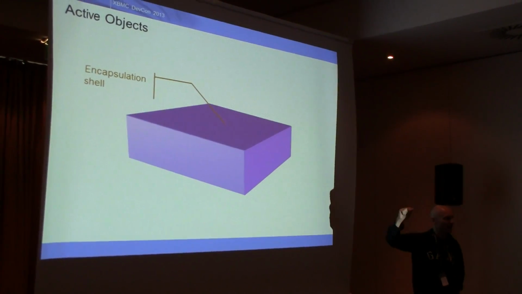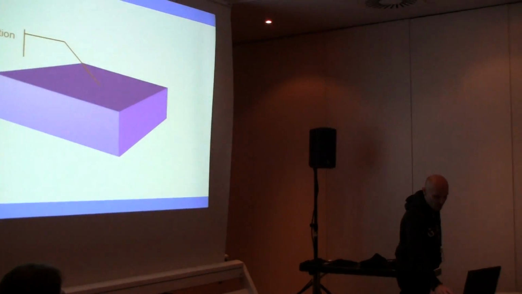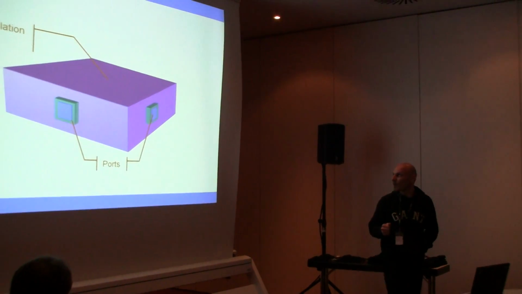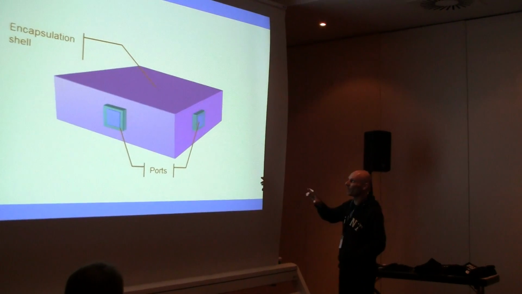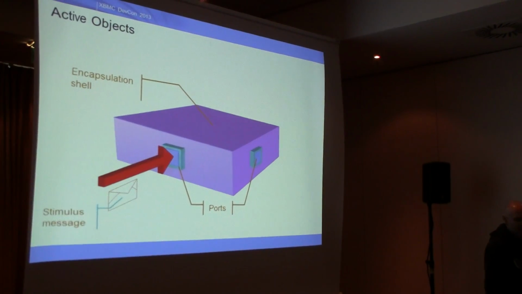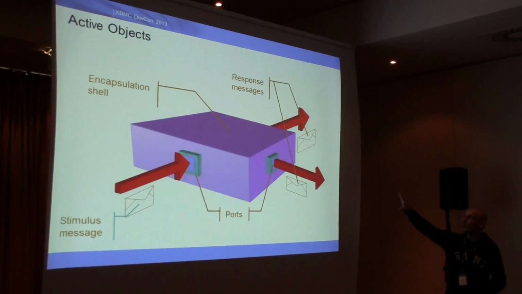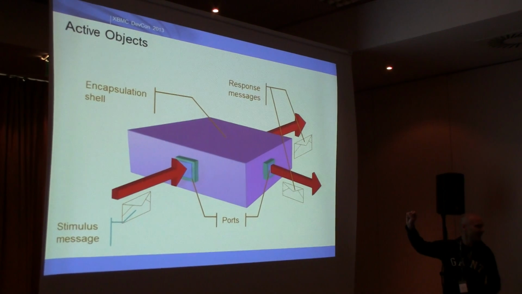Ideally we have no globals, so all communication with the object is done via the ports, the only way of communication. We send a message in, the object does something inside and reacts with reply messages.